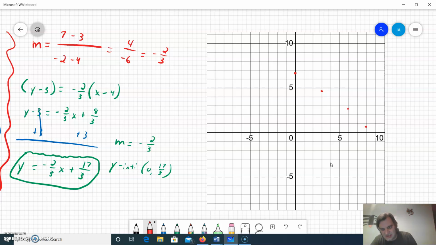Then we'll do our best to connect those. And then we can go back and check that we have the points. I didn't do a good job here, but we should have the points (4, 3) and (negative 2, 7).